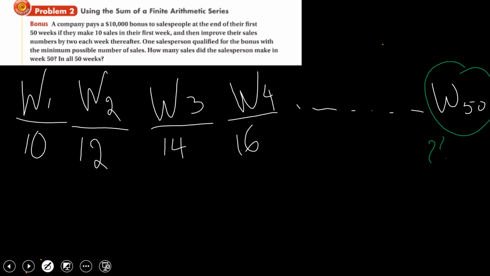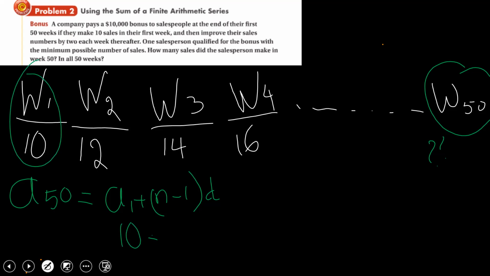By using the arithmetic sequence, a sub 50 is a sub 1 plus n minus 1 times d. Now, do I have a sub 1? The first week, yes, it is 10. Do I know the number of weeks? Yes, it is 50, minus 1, times the common difference.